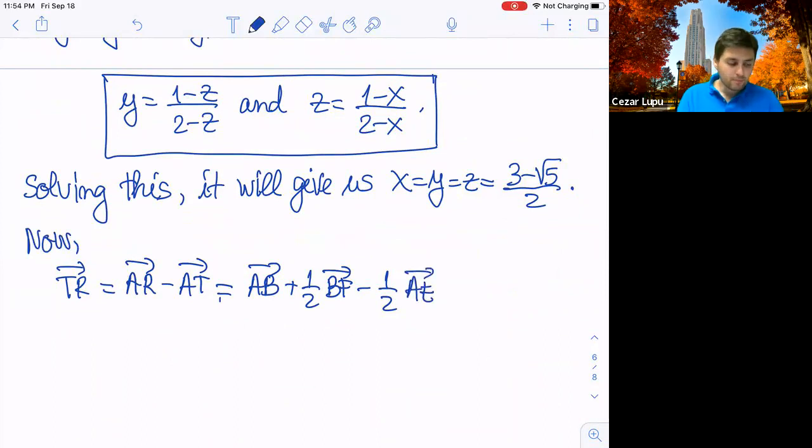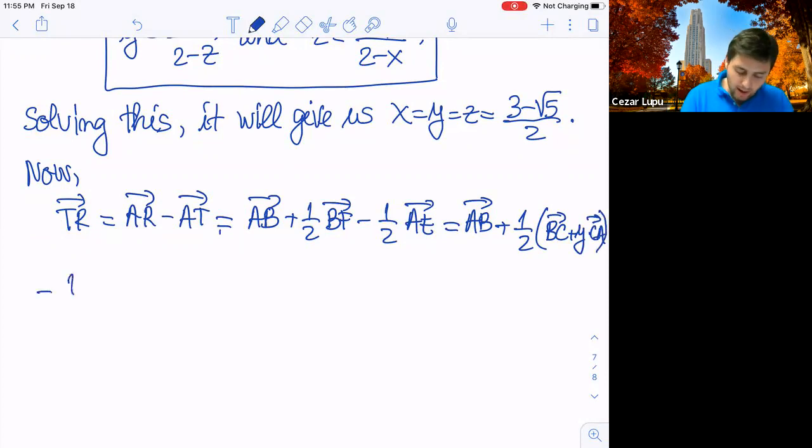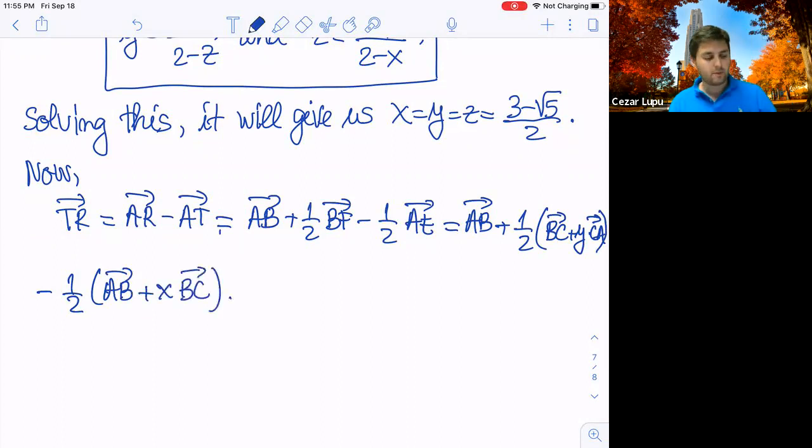If we keep going with computations, this would be AB vector plus 1/2, and now let's be careful, BF vector is BC vector plus y times CA vector. And now minus 1/2 AE vector, which will be AB vector plus x times BC vector.